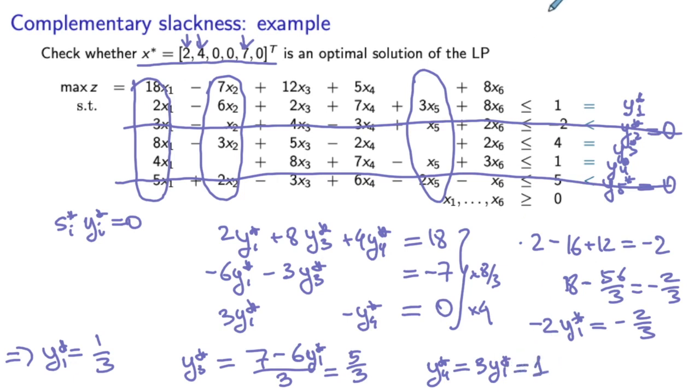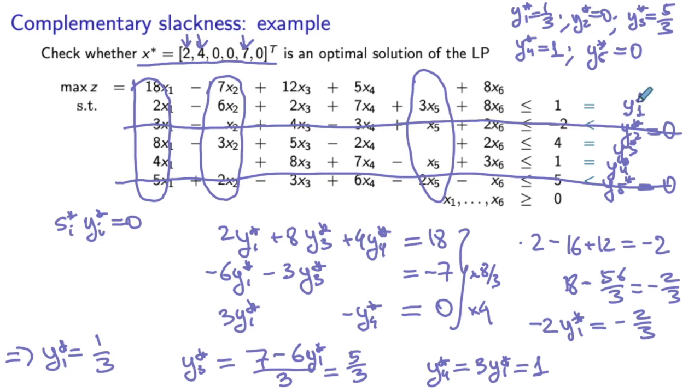All right, so this is the solution that we obtained. y1 star is 1 third, y2 star is 0 from here. Then y3 star is 5 thirds, y4 star is 1, and y5 star is 0 from here.